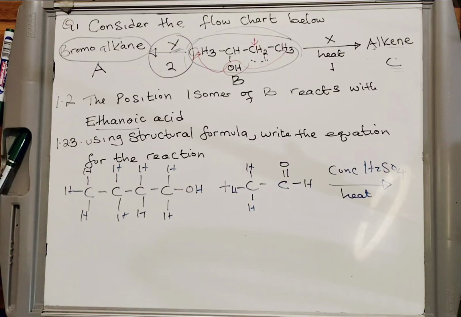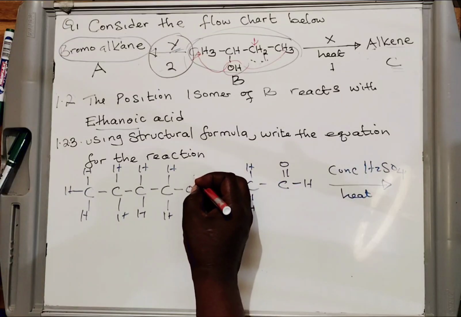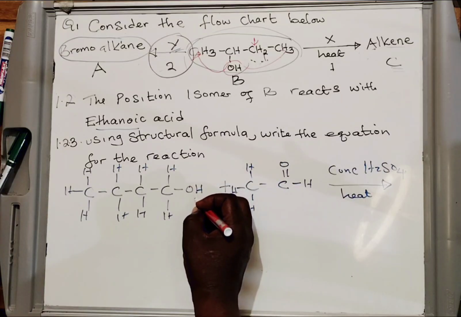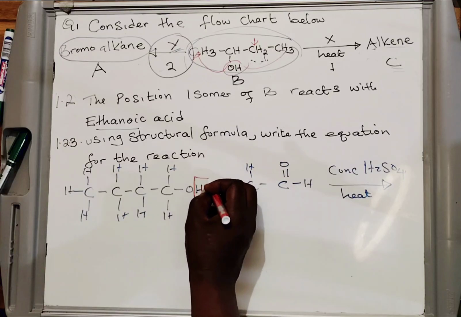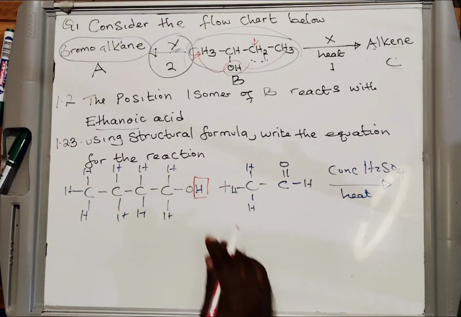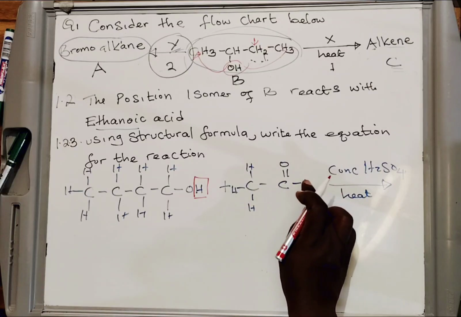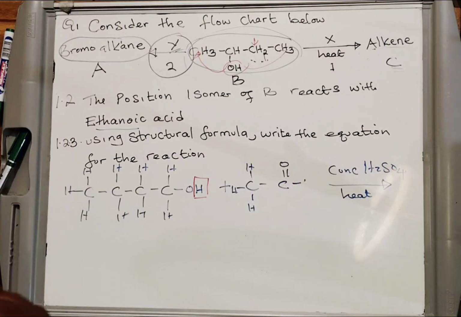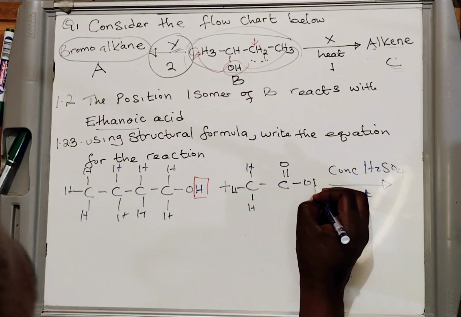And then we start. What do we do during this esterification? You will have to remember that our alcohol loses H. There's a mistake made there. Oh, it's carboxylic acid, so it's OH.